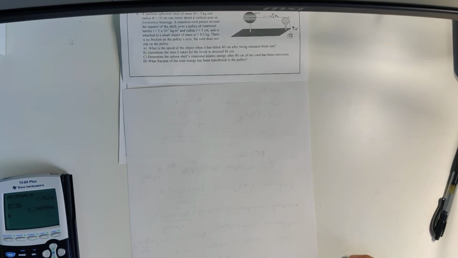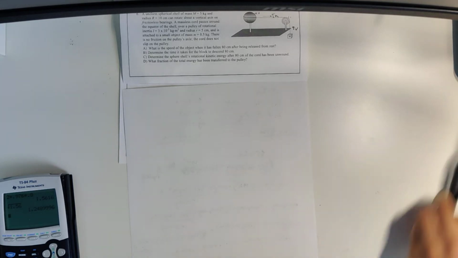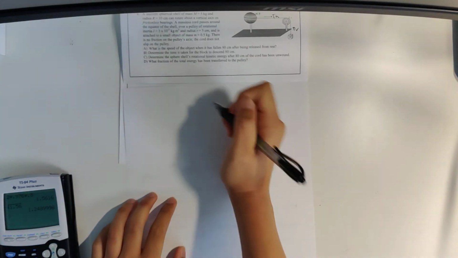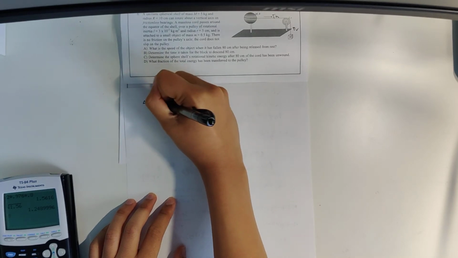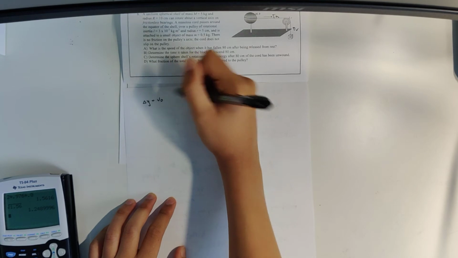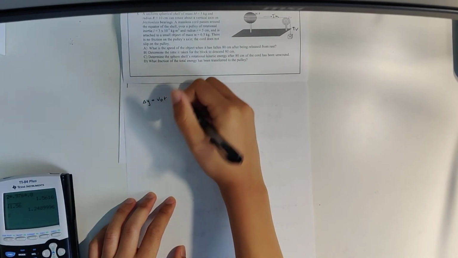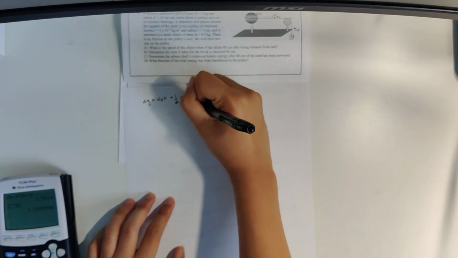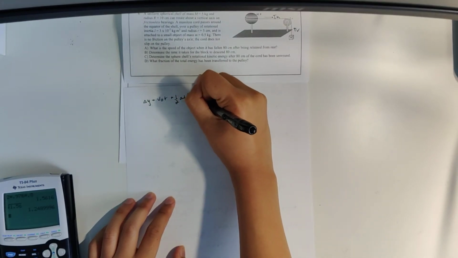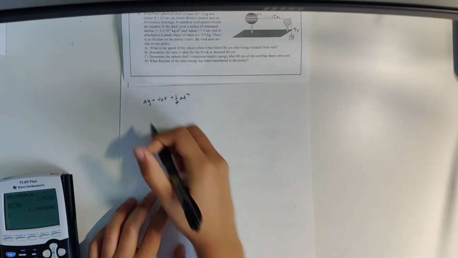So now part B is asking determine the time it takes for the block to descend the 80 centimeters. So for this, I'm probably just going to use the position formula. So that's just going to be delta y equals the initial velocity times time, plus 1/2 acceleration times your time squared.